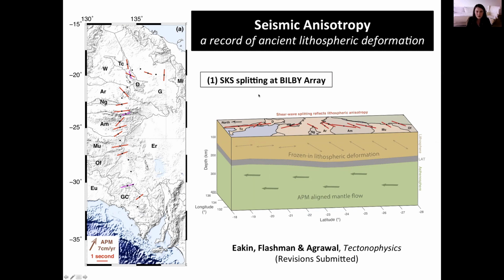And we've interpreted this as the shear wave splitting reflecting a record of ancient lithospheric deformation that has been preserved within the Australian lithosphere within this region, rather than reflecting the strong mantle flow in the asthenosphere due to the shear of the plate motion of Australia.